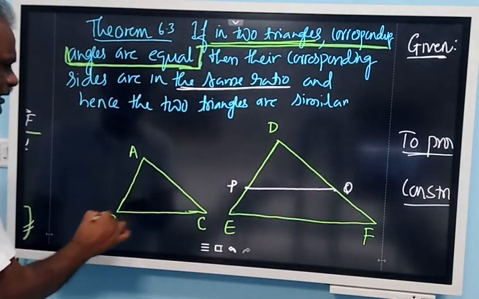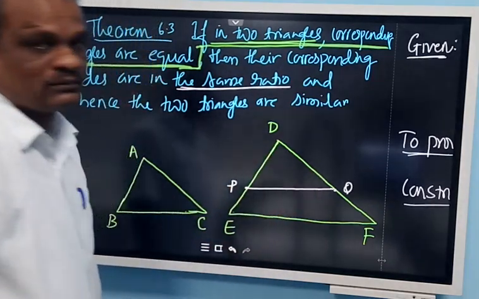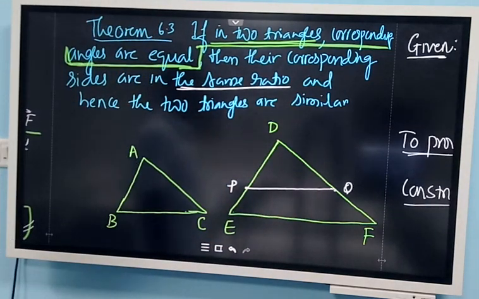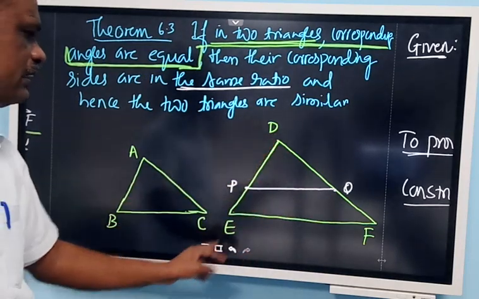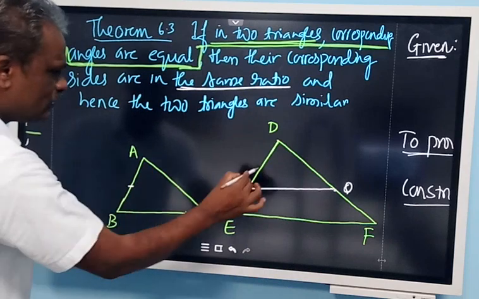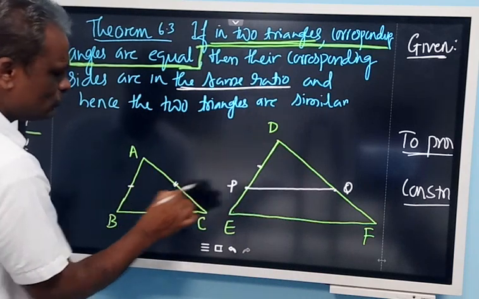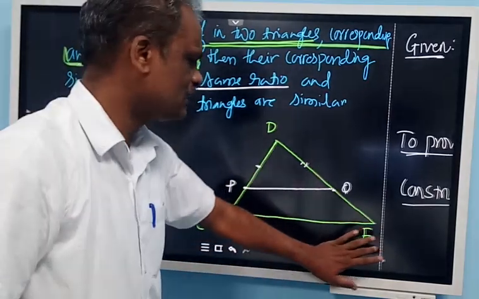The condition is AB is equal to DP and AC is equal to DQ. We have selected 2 points P and Q on DE and DF with the condition that AB should be equal to DP and AC should be equal to DQ. Only this much. So that is the construction.